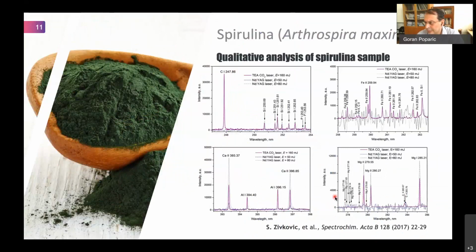We sent the same sample to the National Institute for Lasers, Plasma and Radiation Physics in Romania, Magurele. Here you can see several obtained spectra with two different LIBS systems and two different applied energies with the commercially available LIBS system. It's interesting that we didn't get any iron line with the commercial LIBS system.